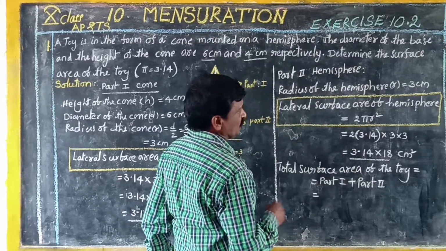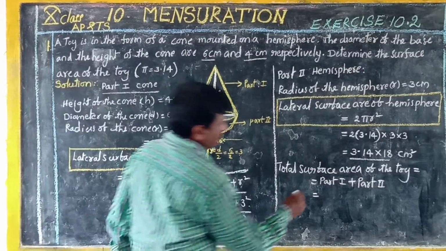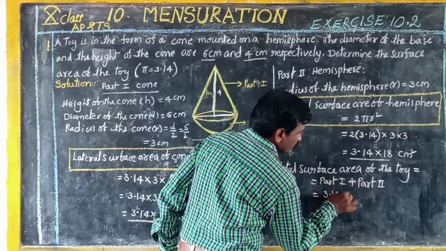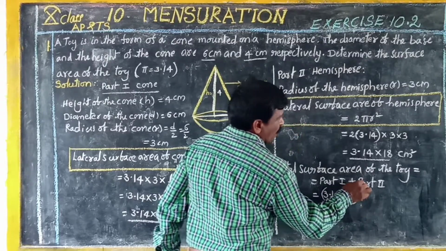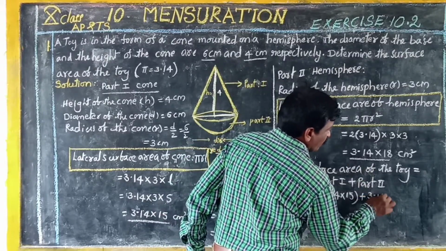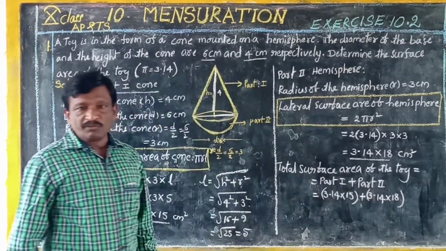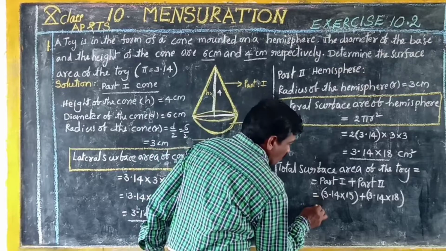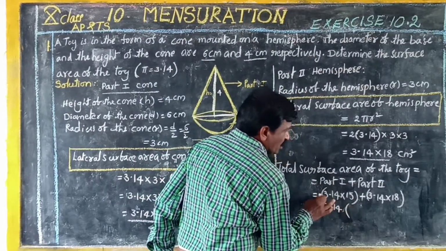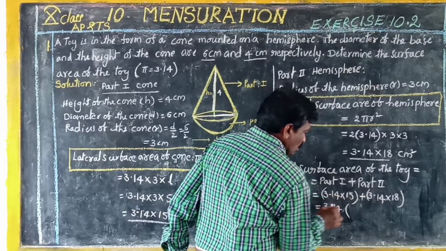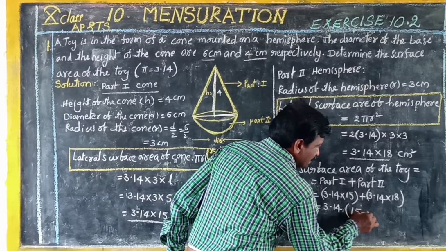Part 1 is equal to 3.14 into 15 plus part 2, 3.14 into 18. We take 3.14 common, since both have 3.14. Then 15 plus 18.